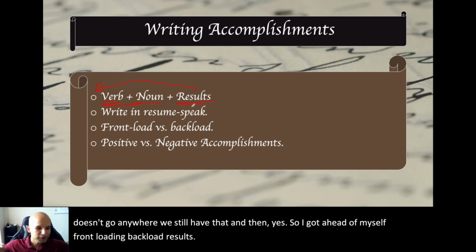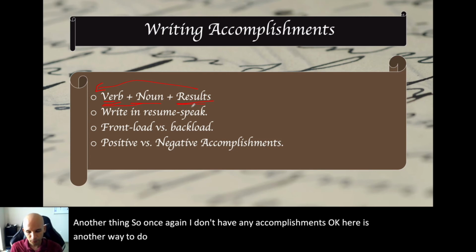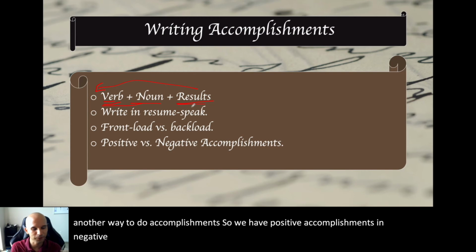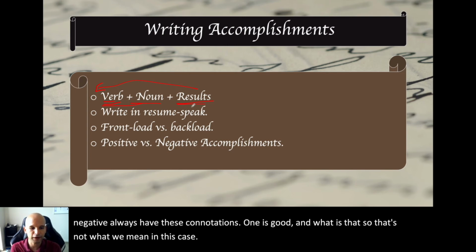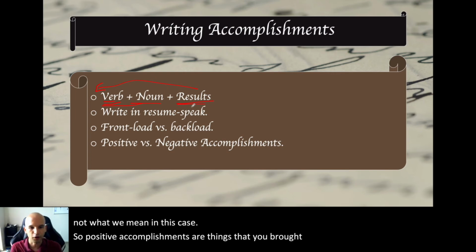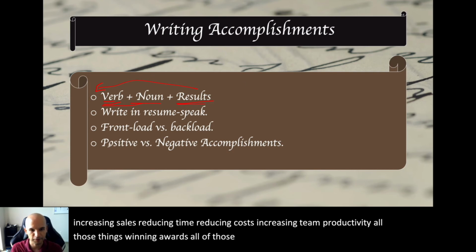Another thing. Once again, I don't have any accomplishments. Here's another way to do accomplishments. We have positive accomplishments and negative accomplishments. I couldn't think of a better phrase, because positive and negative always have these connotations, like one is good and one is bad. That's not what we mean in this case. Positive accomplishments are things that you brought about that are good. So increasing sales, reducing time, reducing costs, increasing team productivity, winning awards, all of those are positive accomplishments.